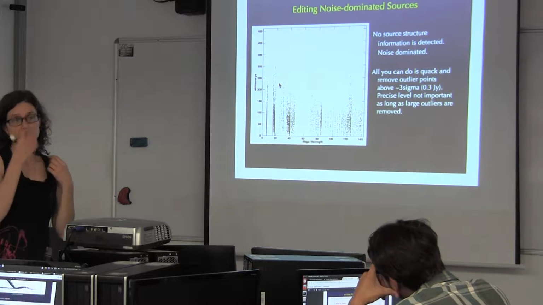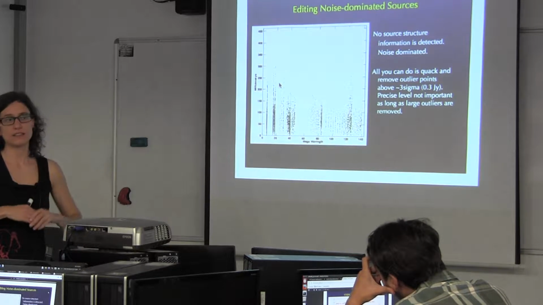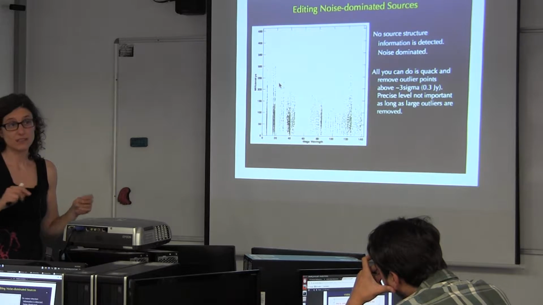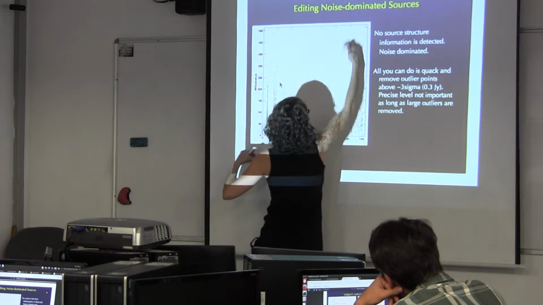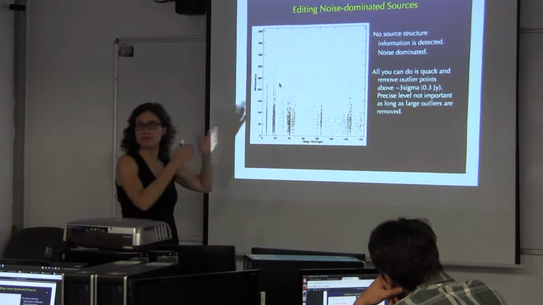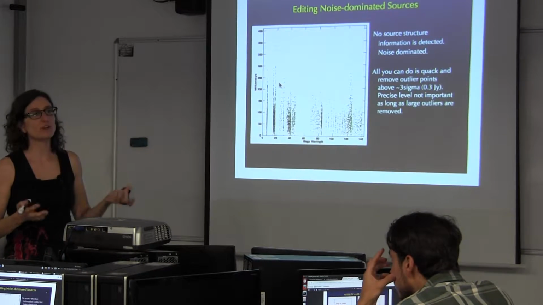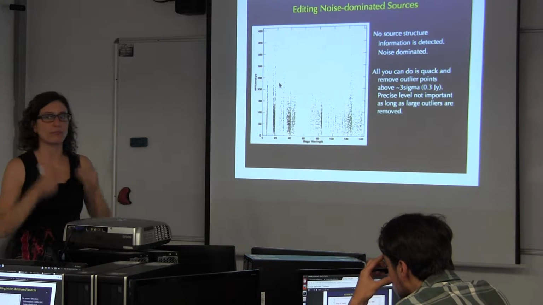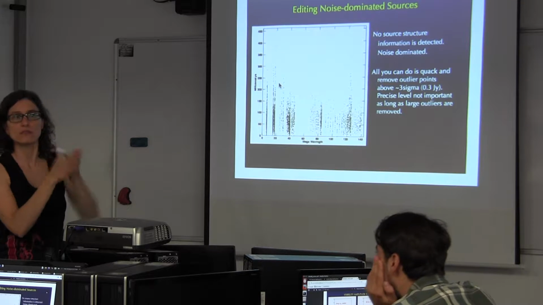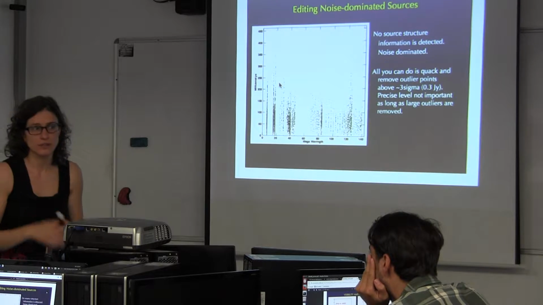In our case, because our galaxy is not very bright, we can just try to get rid of several small points that are noisy. It's much more clear when you have a bright source, because then all the amplitudes are much higher, and the noise with respect to the flags is much less.